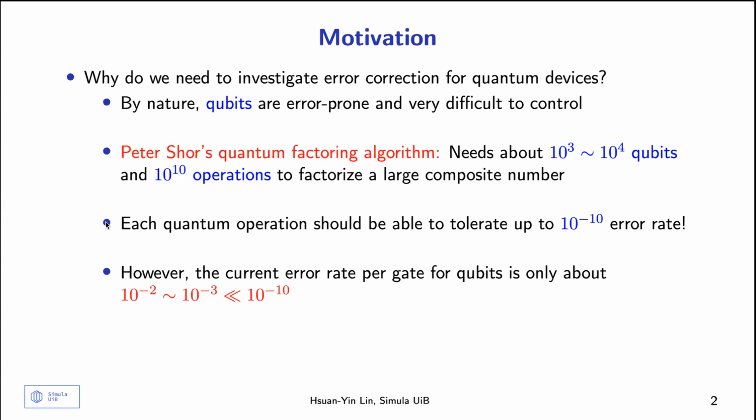On the other hand, if you care about cryptography, Peter Shor showed with his quantum factoring algorithm that if you have a quantum computer, you can break the security of modern public key systems. But actually it's a bit of a stretch, because you need 10 to the power 3 to 10 to the power 4 qubits to implement it, and the number of operations for this quantum factoring algorithm is also very big.